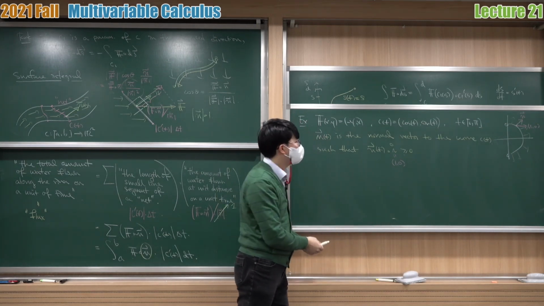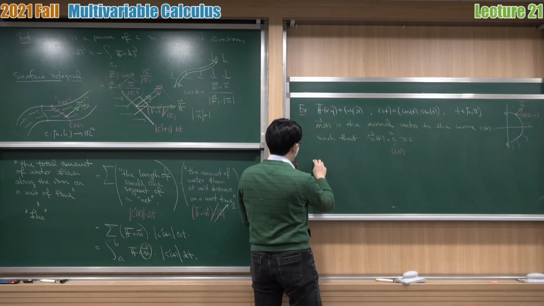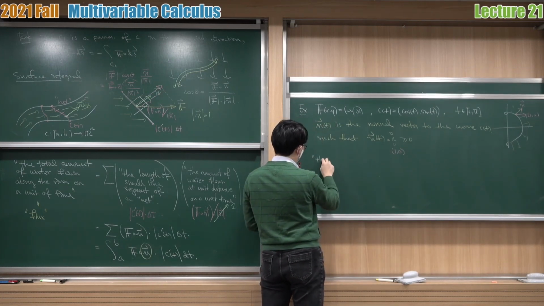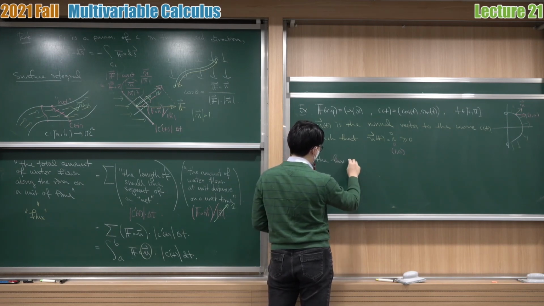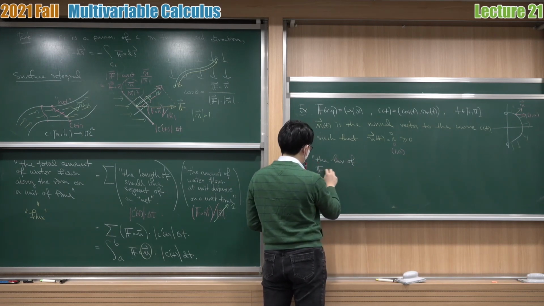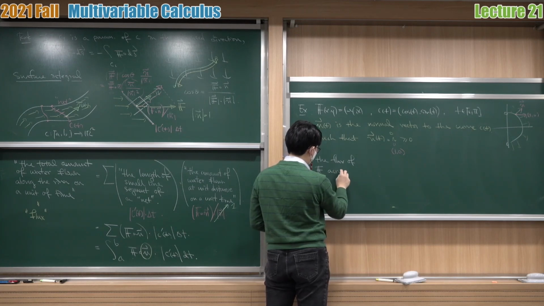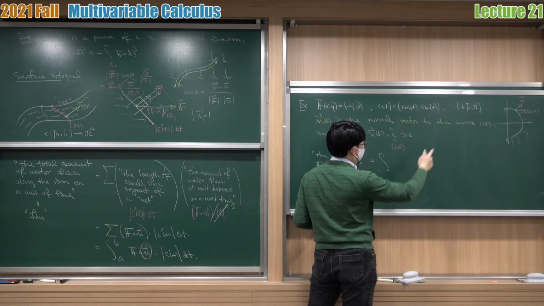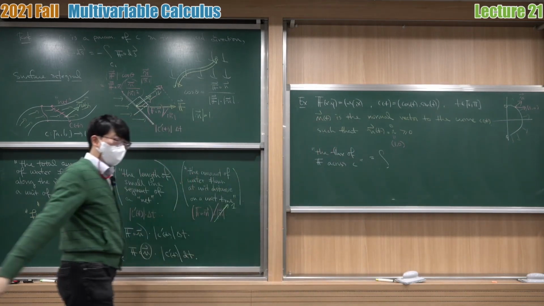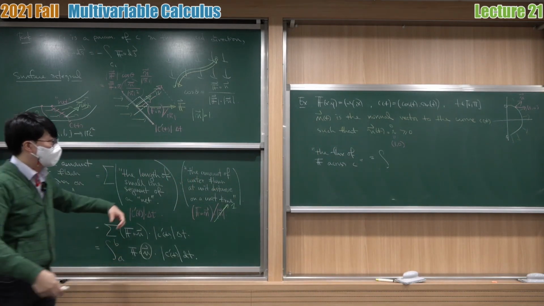Okay, so let's find the flux. We call it the flux of F across this curve C. We just use the same formula here.